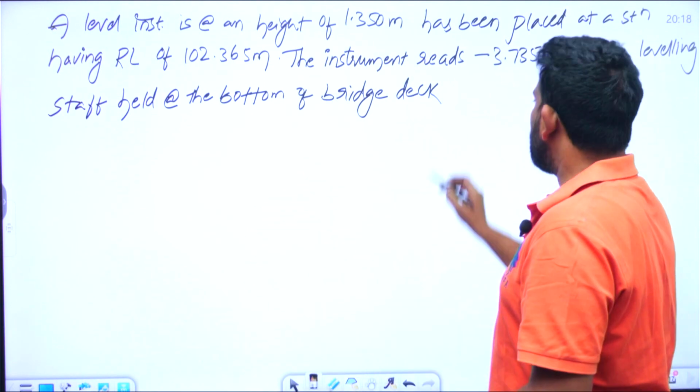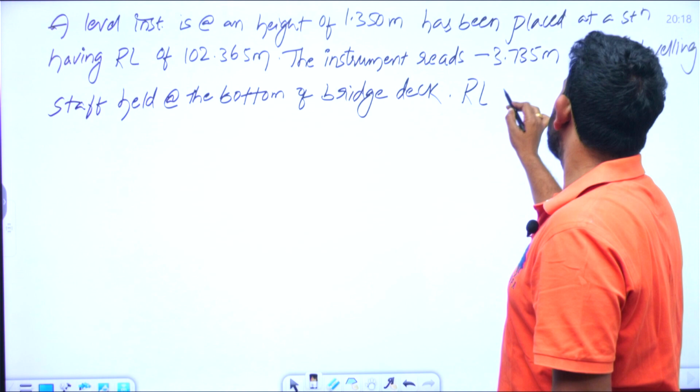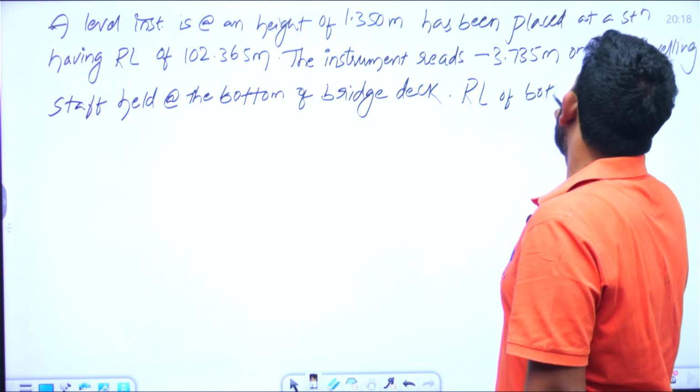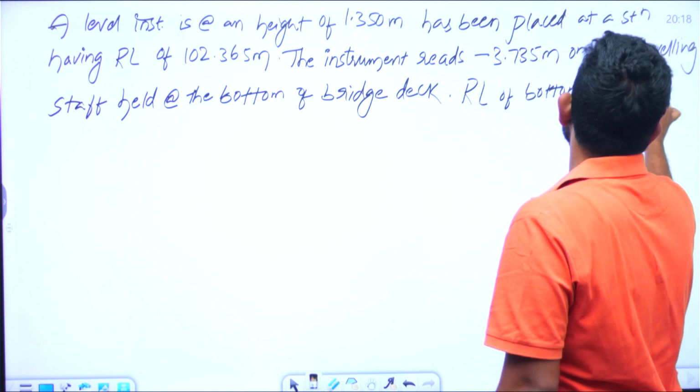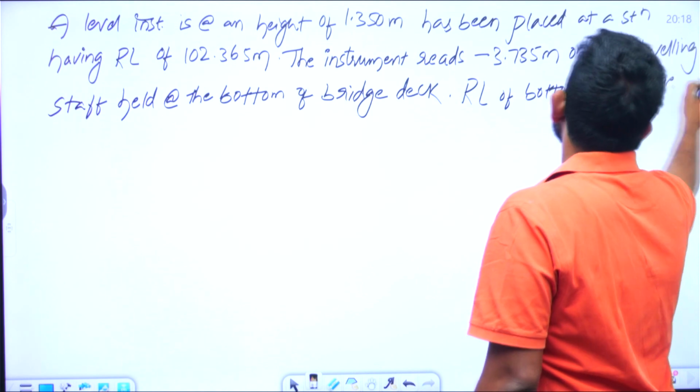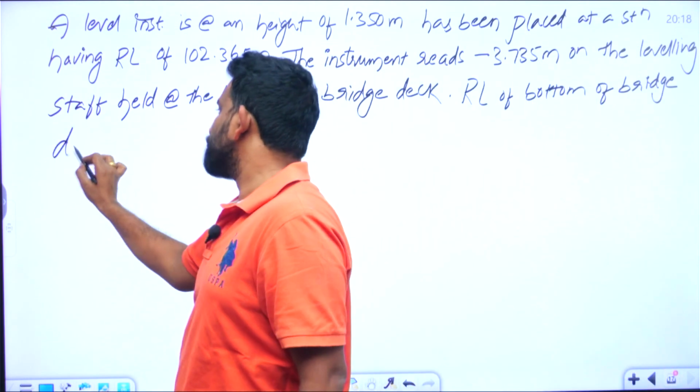The RL of the bottom of the bridge deck is dash.